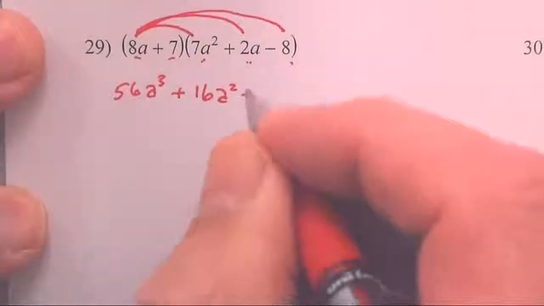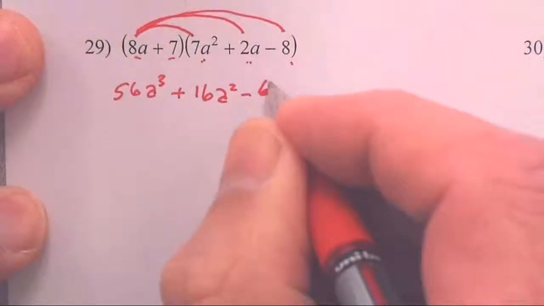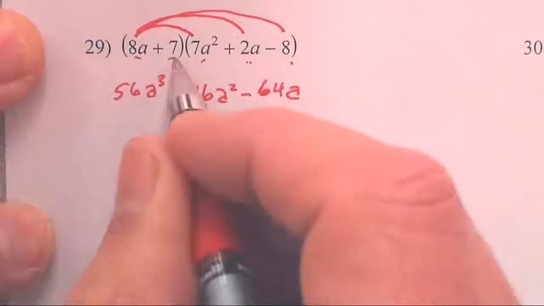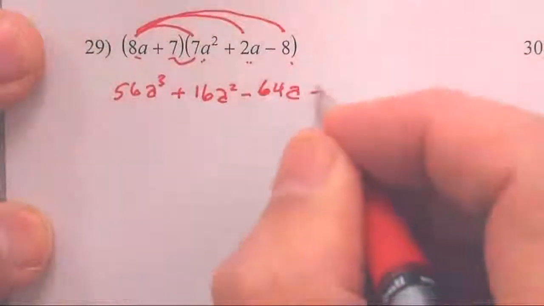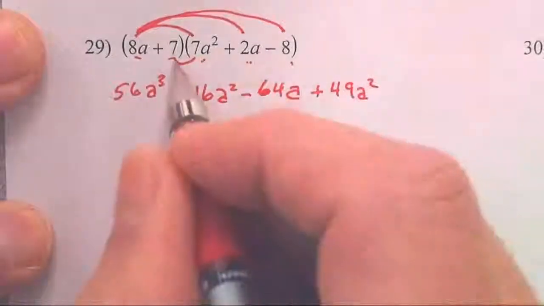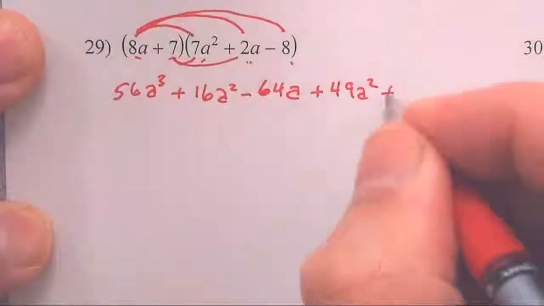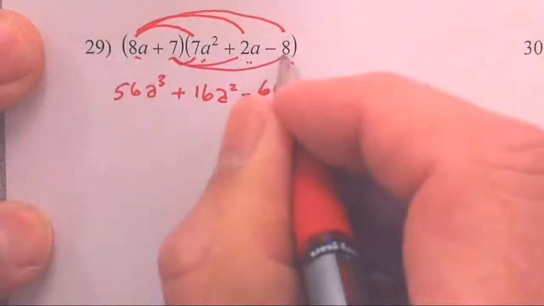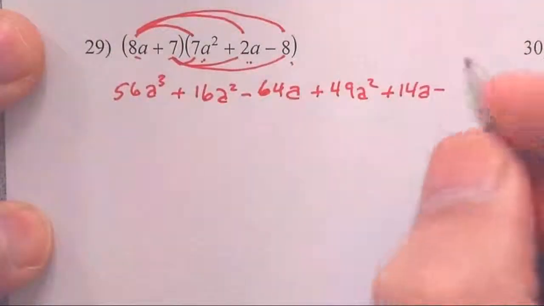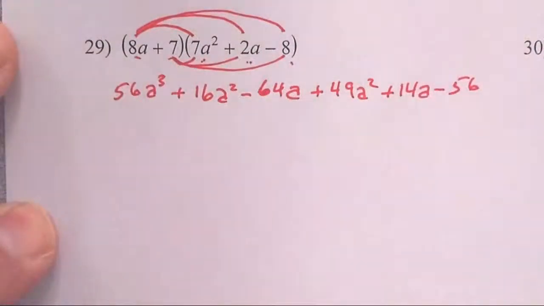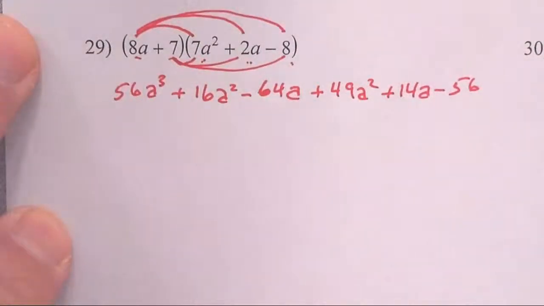Plus times minus minus, 8 times 8, 64, and an a. Now I run the 7's underneath. Plus times plus plus, 7 times 7, 49, a pair of a's. Plus times plus plus, 7 times 2, 14 with an a. And plus times minus minus, 7 times 8, 56.